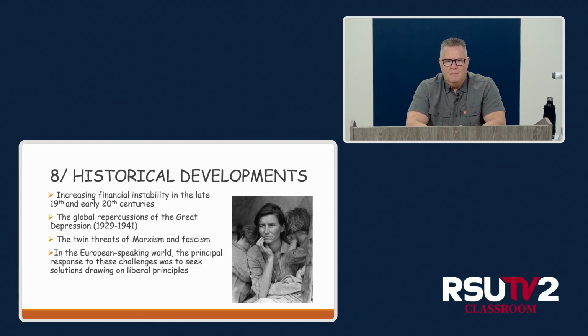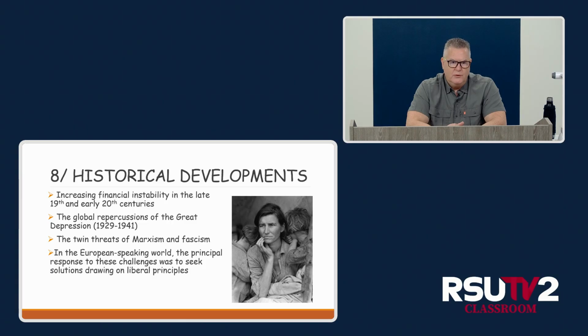Now, socialism had been around for a good part of the 19th century, but with the Russian Revolution of 1917 and the emergence of a Marxist state in control of a major country, Marxism is viewed increasingly as a serious threat.